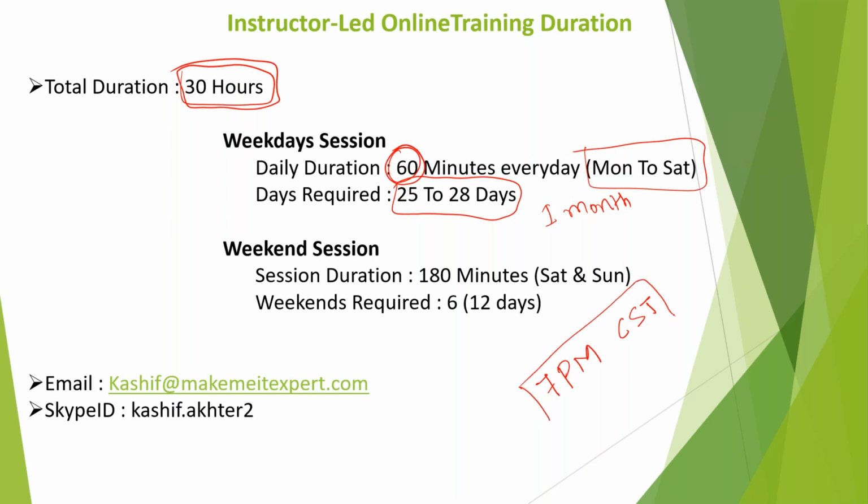Yes, you're right. So we will start at 7 p.m. CST, and it will go up to 8 p.m. CST, 7 to 8 daily basis, Monday to Saturday. We will do the session. I hope this time suits you, right?